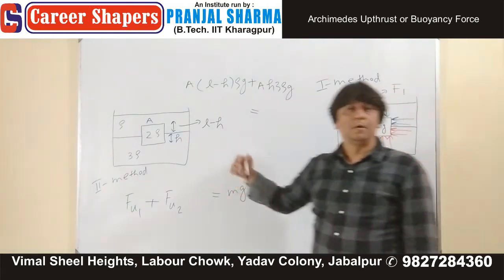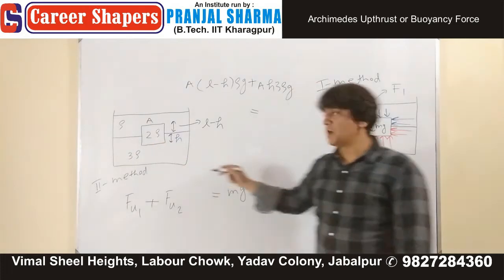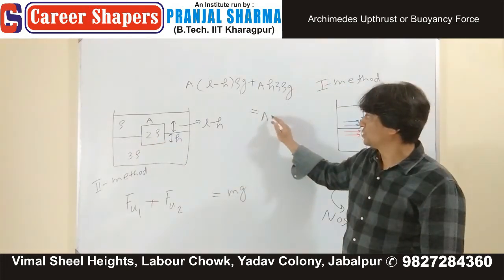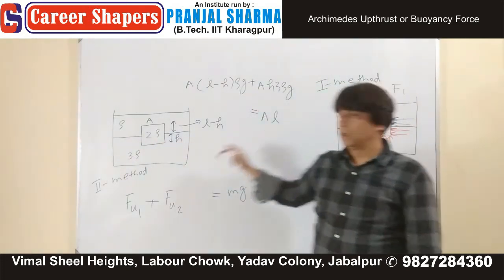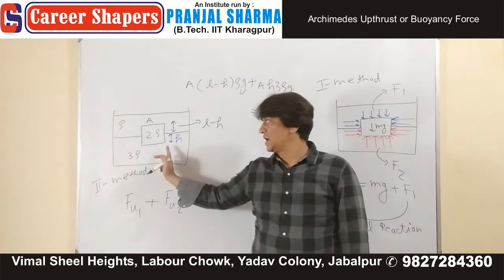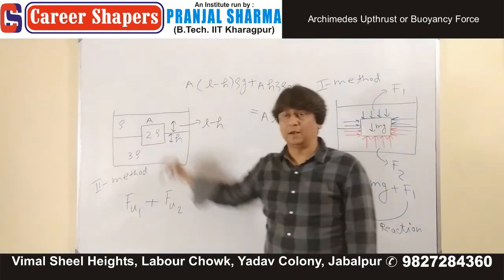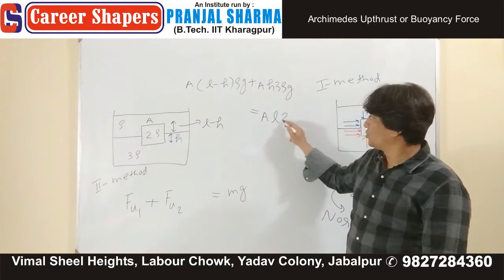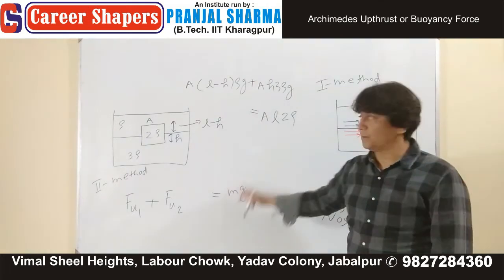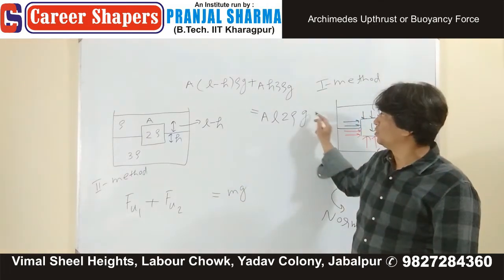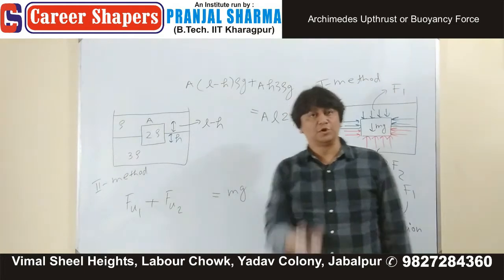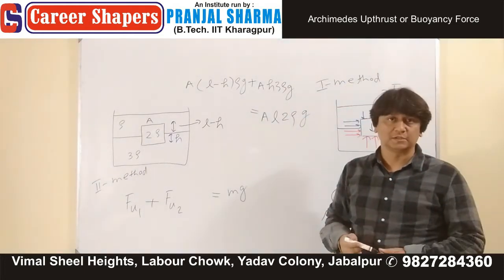M. Mass of the body. What is mass of the body? Its volume, which is A into L. What is the volume of the object? A into L. Density of the object. This is mass of the object. Density of the object into G. One line equation, solve it and you will get your answer.